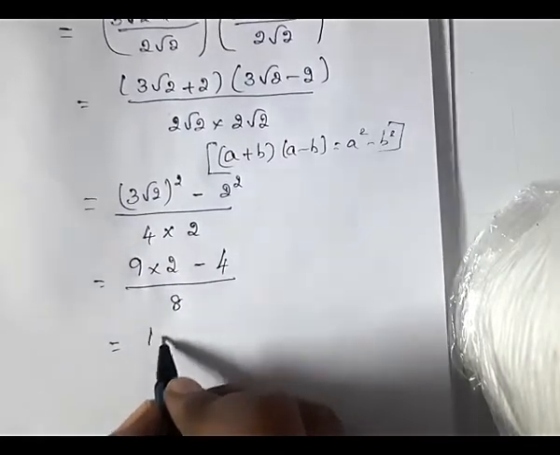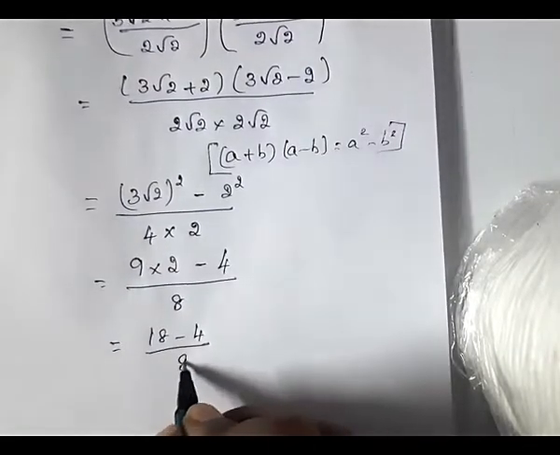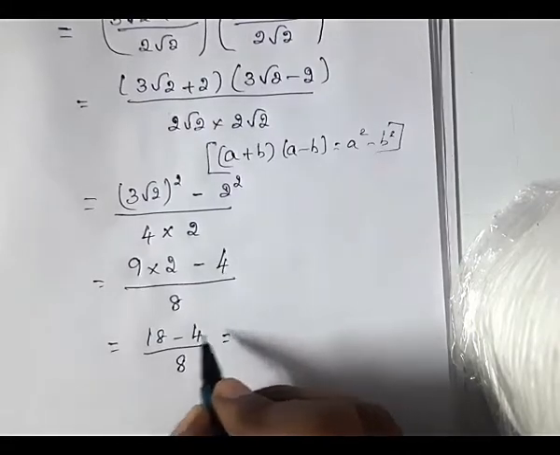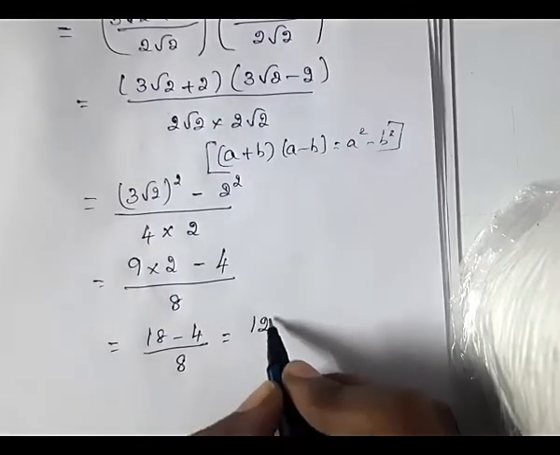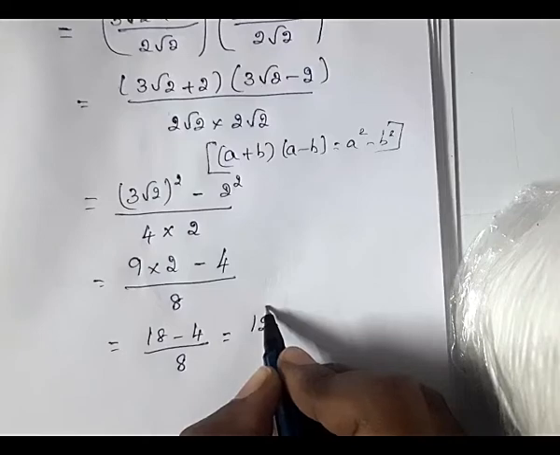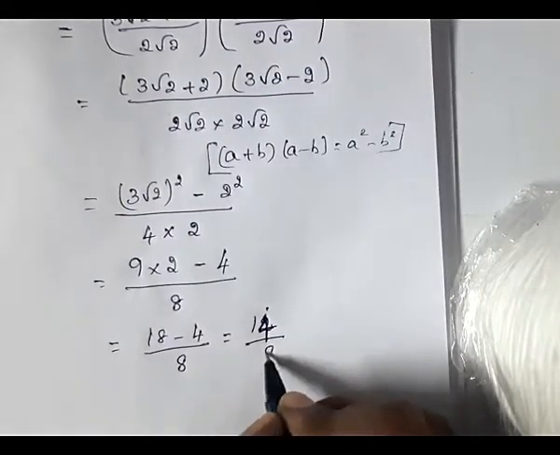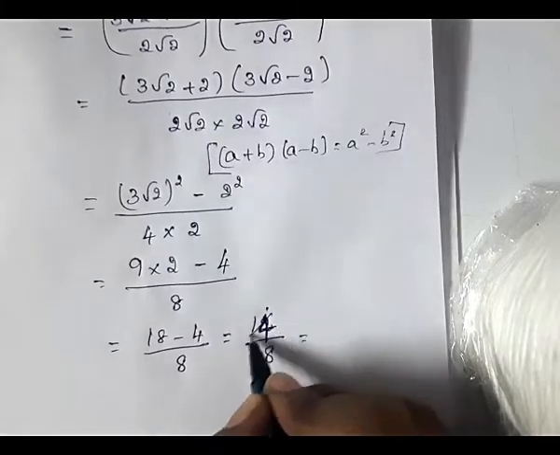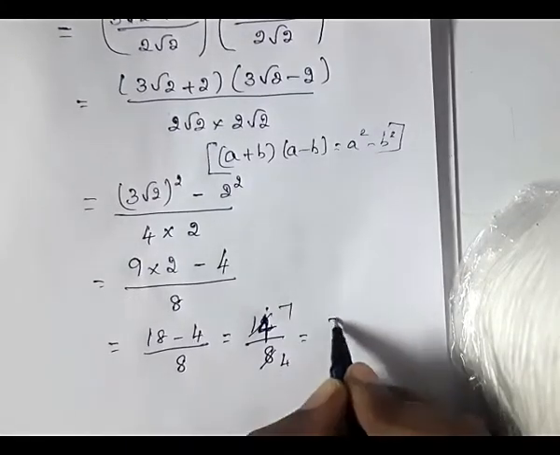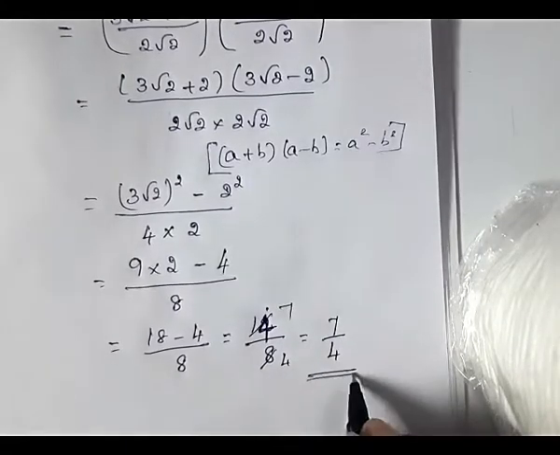That is equal to 18 minus 4 by 8. That is equal to 18 minus 4 is 14, sorry, 14 by 8. That is equal to, cancel it, 7 by 4. This is your answer.